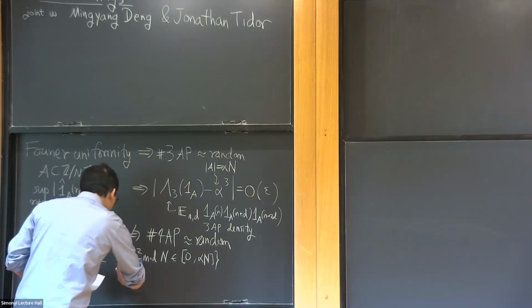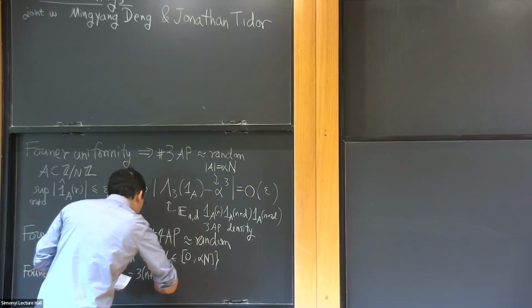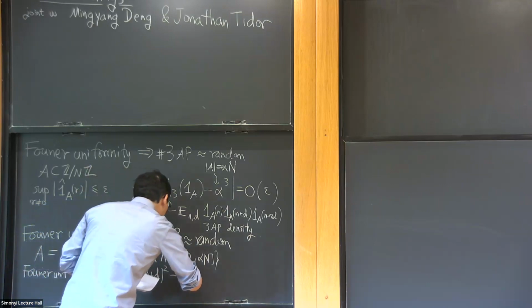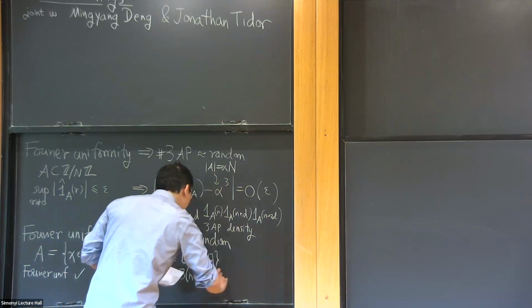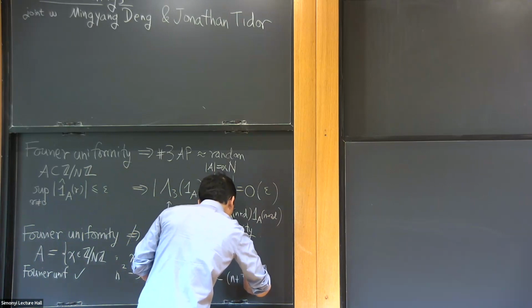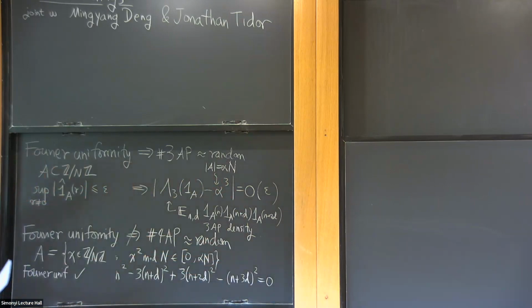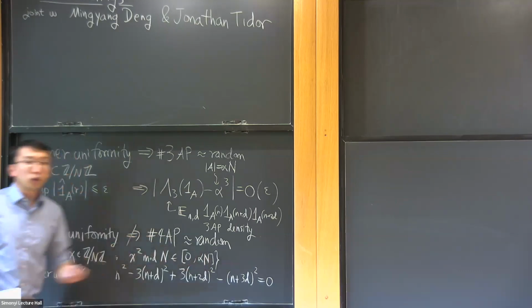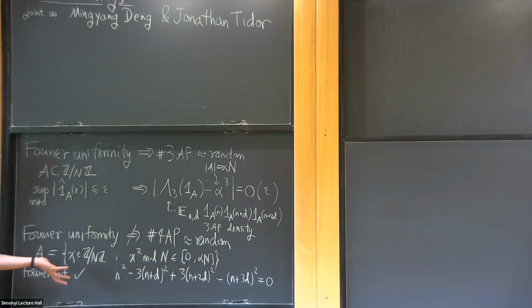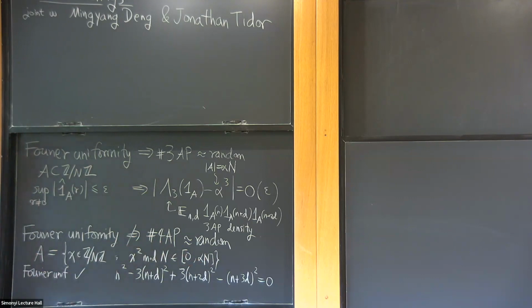The reason is that whenever you have a 3AP, the following identity holds. This is just an algebraic identity. If the first three terms lie in some interval, it is quite correlated that the fourth one has a good chance of also lying in that interval.